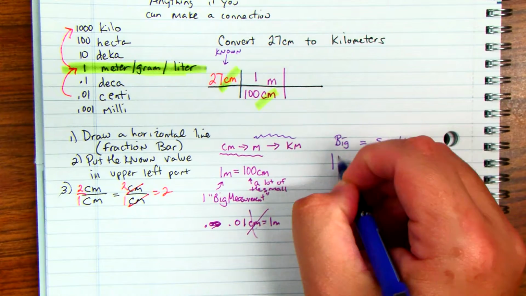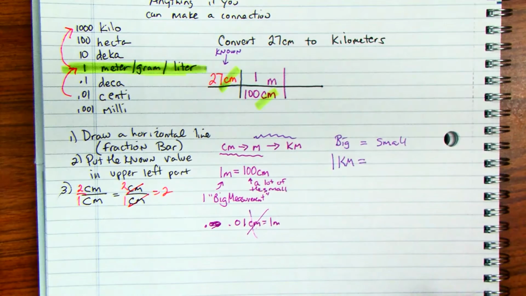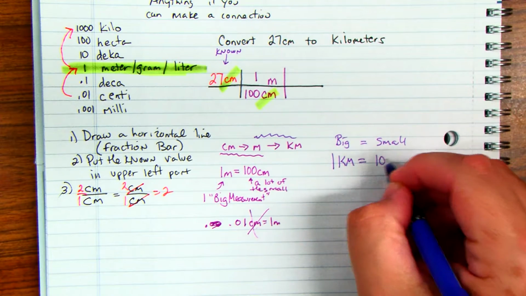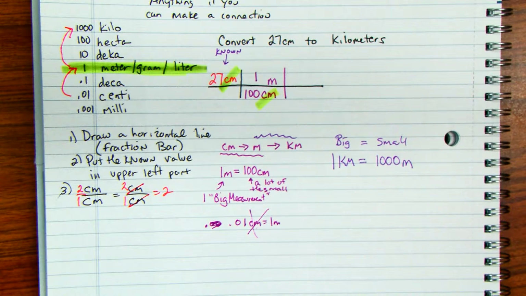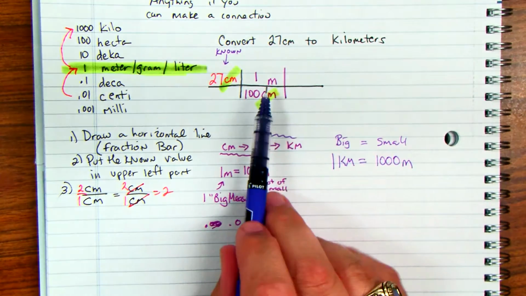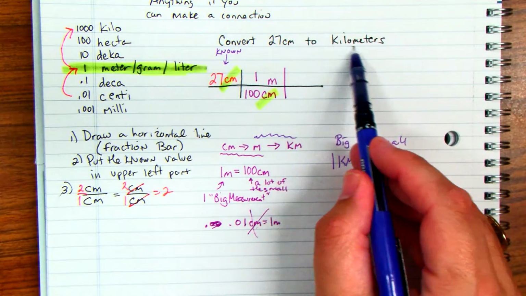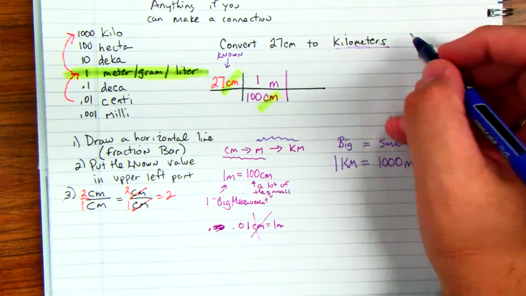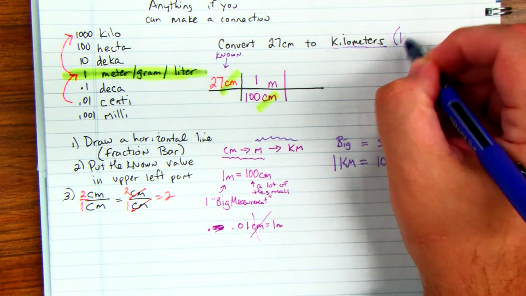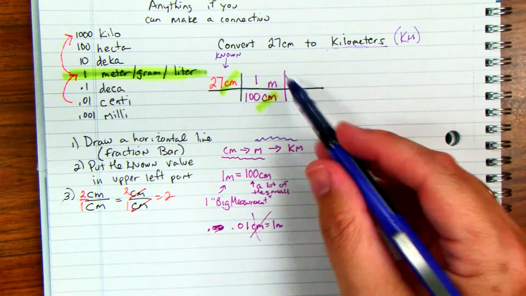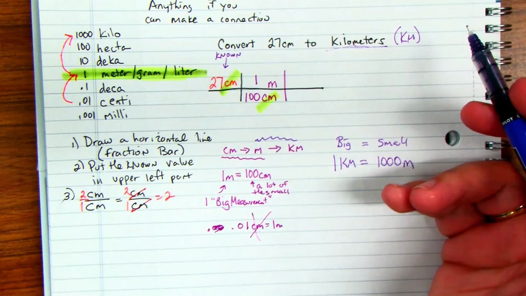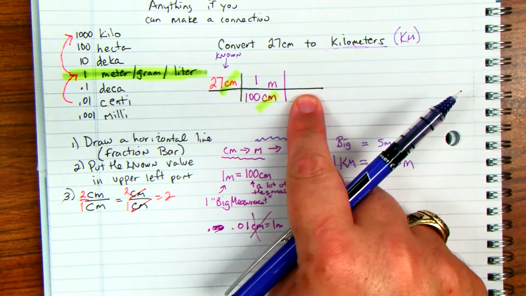How many meters are in a kilometer? 1,000. So 1,000 meters are in 1 kilometer. Now, my answer should be in kilometers. So am I going to put kilometers in the bottom, or am I going to put meters in the bottom?